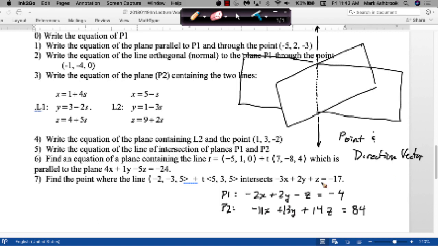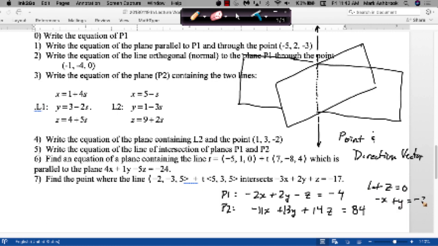Because what we can do is we can just let, say, z be 0. Get rid of this 14, our biggest number. So if we let z be 0, and then we'd have, I'll divide by 2, minus x plus y equals negative 2.